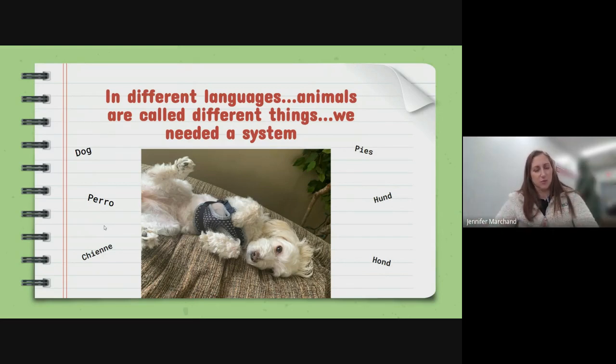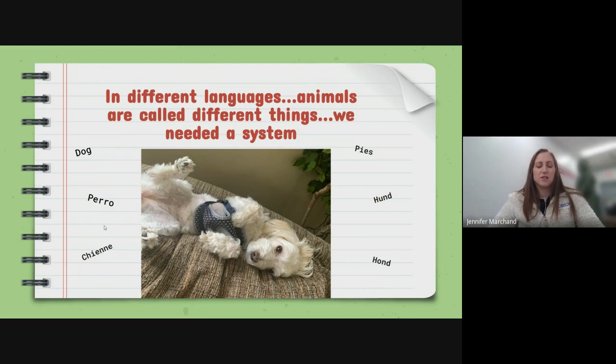So if you have a scientist working in Germany who speaks German, trying to work with an American scientist who doesn't speak German, it might be difficult for them to communicate about an organism if they're calling it different things.